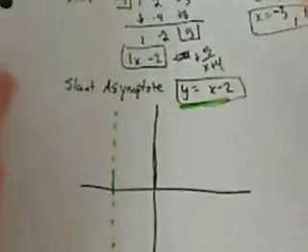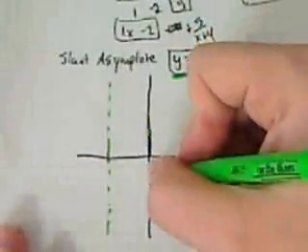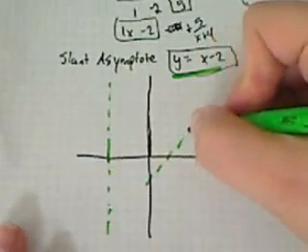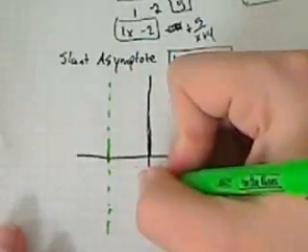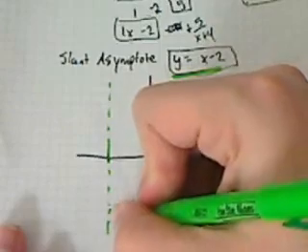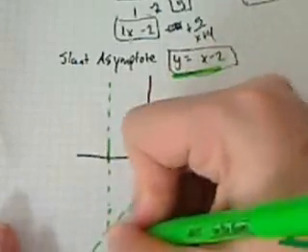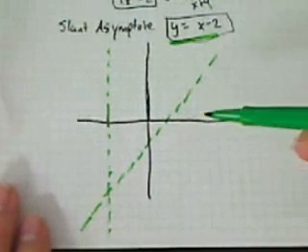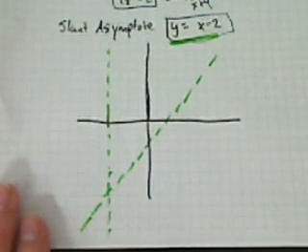I'm going to graph that as a dotted line. So I've got a rise over run of 1. And so I've got my asymptotes that are kind of set up like this.